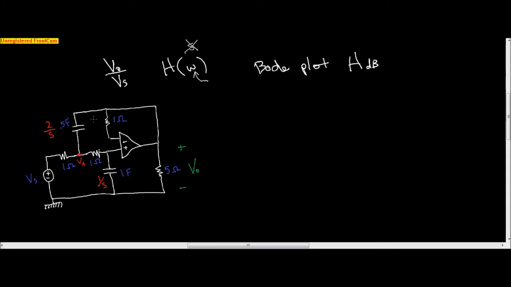So this I equals 0, so this voltage equals 0, and that means that this is a short circuit. So this terminal is directly connected to VO. This is VO. And because this terminal is VO, that means that this terminal is also VO.